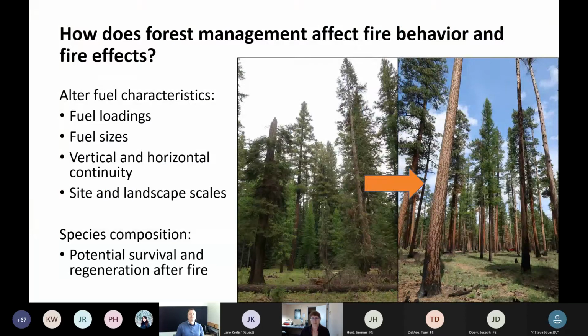Okay, so how do we think about managing fire behavior and effects when we open up our silvicultural toolbox and think about what we can and can't do on the landscape? Primarily, we think about that in the context of managing fuel characteristics, which is the live and dead vegetation, any of the combustible materials on those landscapes. We do this in a variety of ways.